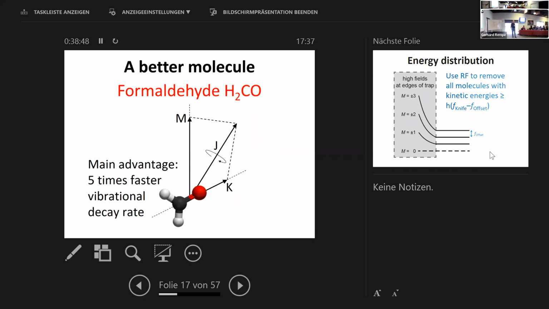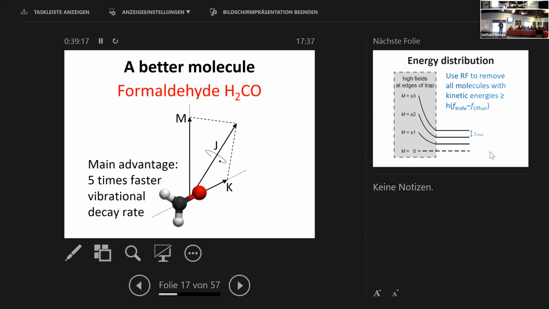Well, the temperatures were not the lowest we were hoping for. It's still in the millikelvin regime, so we want to be lower. We discovered that, of course, it's about what we do at the beginning of this. The very first transition rate was kind of small, about 100 milliseconds. We switched the molecule out of formaldehyde.